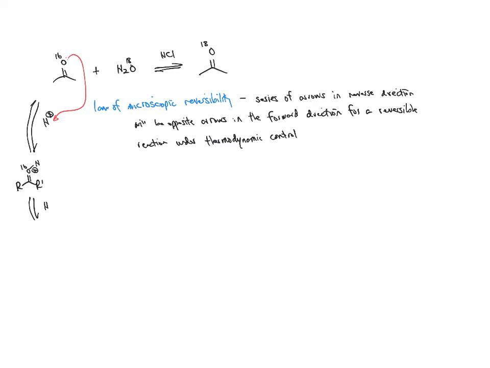Then we can get the O18 labeled water to attack that carbonyl. And so that's going to give us an intermediate. Let's make sure we keep track of our oxygen 16 and our oxygen 18. Our oxygen 18 is the new bond that's formed. It's got a positive charge on it.